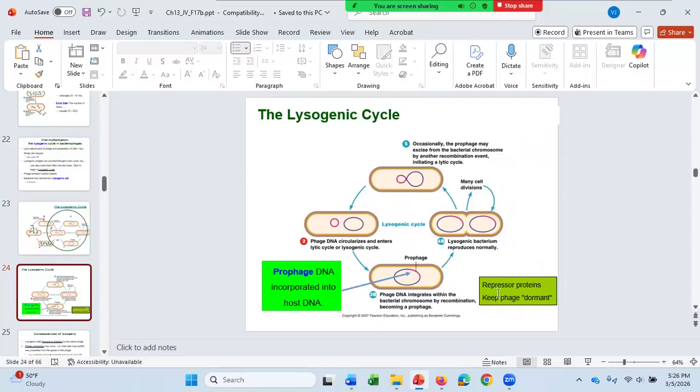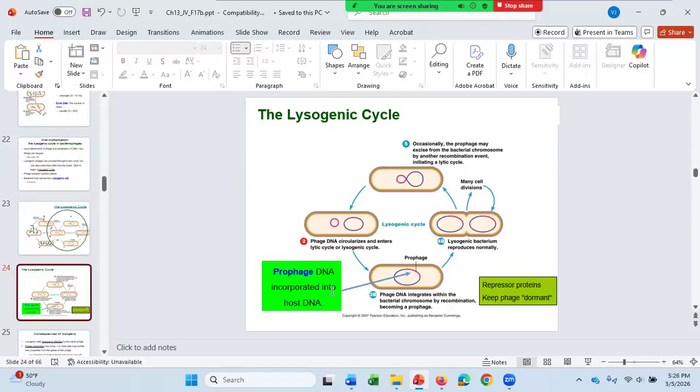So the repressor protein shuts down the gene expression of the lytic life cycle genes, meaning the proteins that make the capsid protein of the virus. And as long as that repressor protein is active, the virus will stay in the lysogenic life cycle.